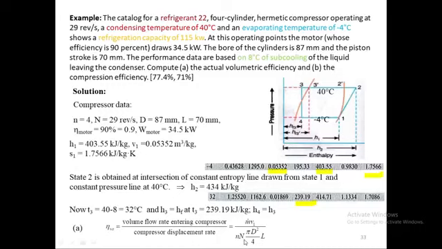So this will give us the volume flow rate. We know V1 right here, we found that out, but we need to calculate m dot, the mass flow rate. When we multiply mass flow rate with the specific volume, it will give you the volume flow rate, the capital V dot. The volume flow rate divided by the swept volume or the displacement rate will be the actual volumetric efficiency.